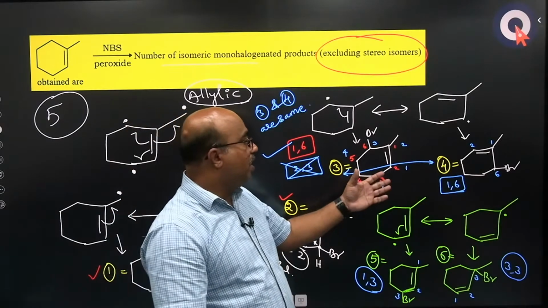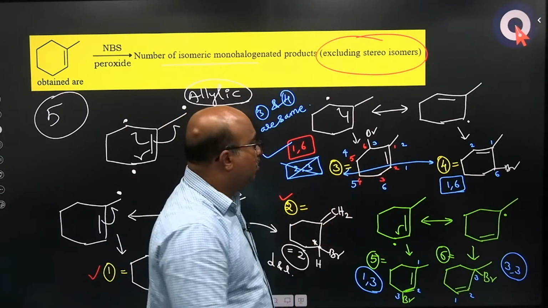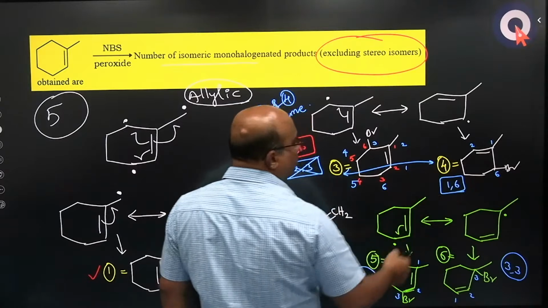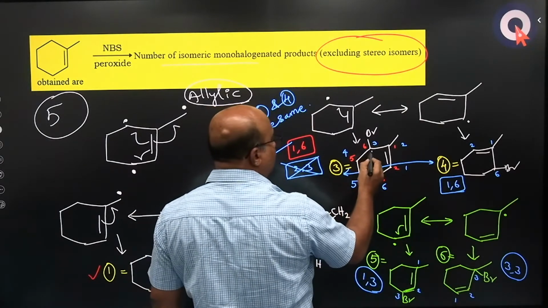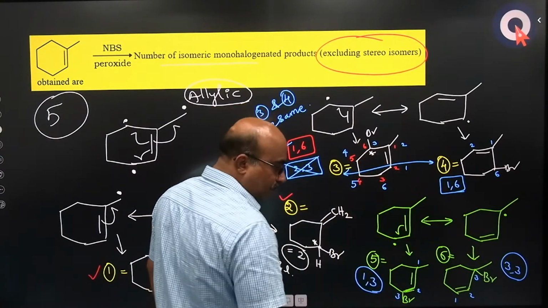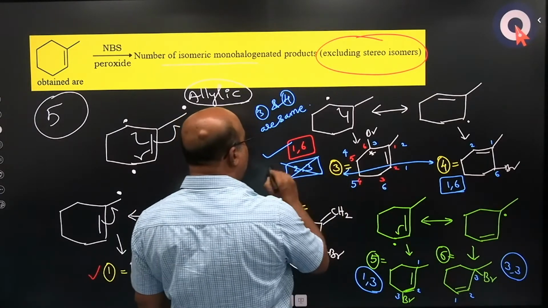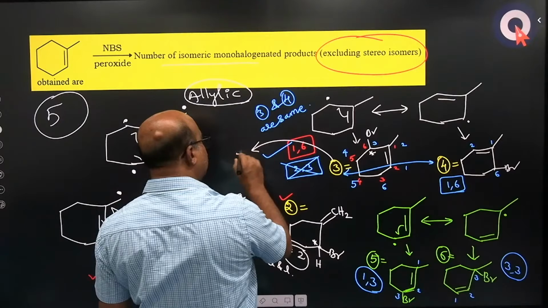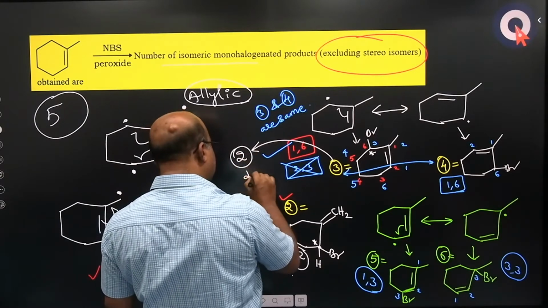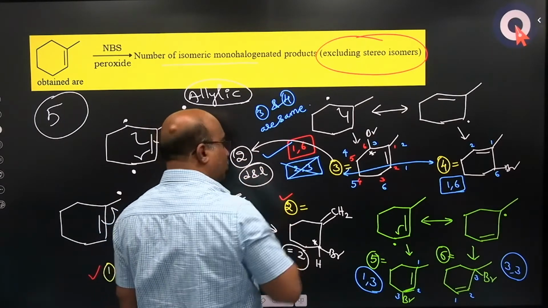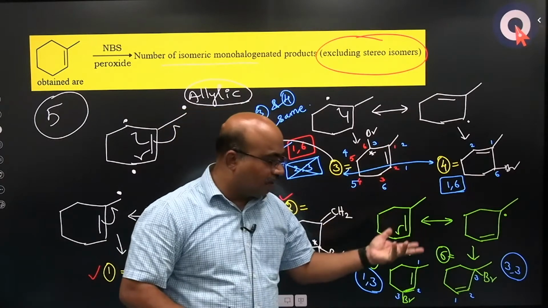Now here, do we have anything again like that? Whether you count this or this as one and same, this carbon is again a chiral carbon. So in the 3 and 4 also we have two molecules, D and L. Geometrical isomerism within the ring doesn't exist.